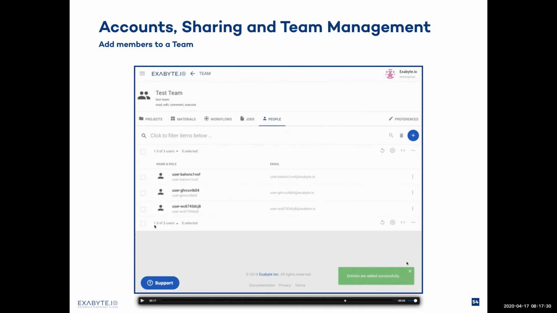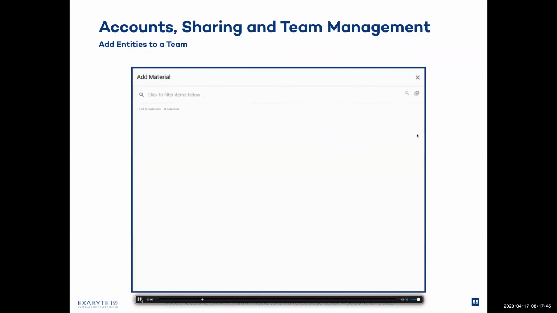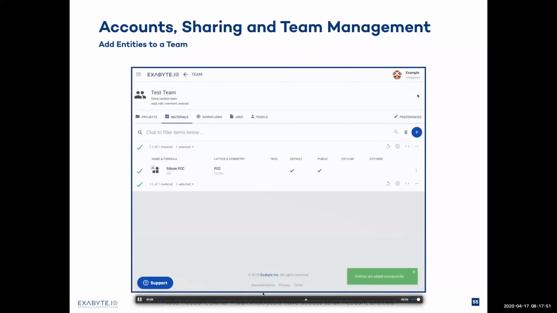And these people will be able to read and edit all the entities that belong to this team. Right? So if I select specific entities now and add these entities to this team, like what I can do with the material, I will have the people that are listed on this team to have these permissions on this material.